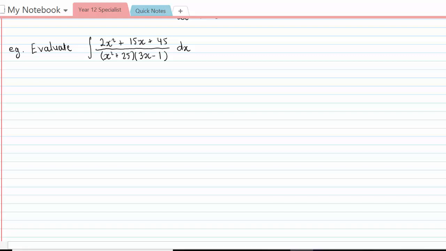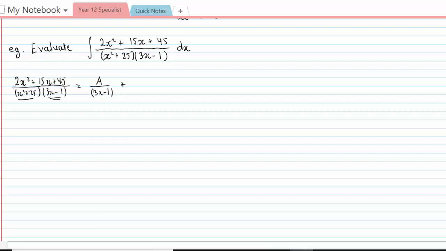I'm going to say that 2x squared plus 15x plus 45 all over x squared plus 25 times 3x minus 1 must be equal to, now we have a single linear factor there, the 3x minus 1, so it's going to be possible to break it into a on 3x minus 1.